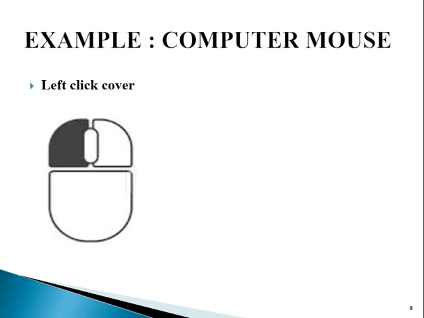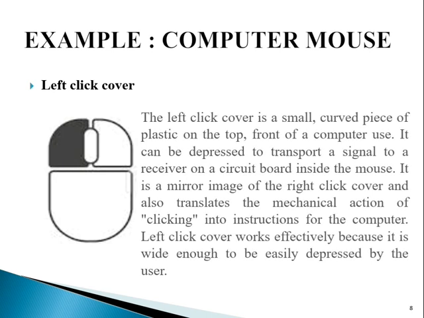It is a mirror image of the right click cover and also translates the mechanical action of clicking into instruction for the computer. Left click cover works effectively because it is wide enough to be easily depressed by the user. Okay, so for this you can write it down from here.